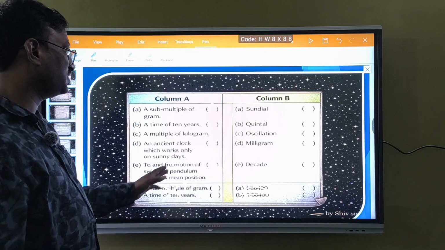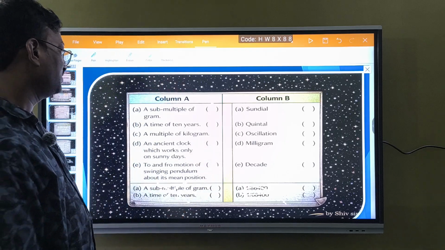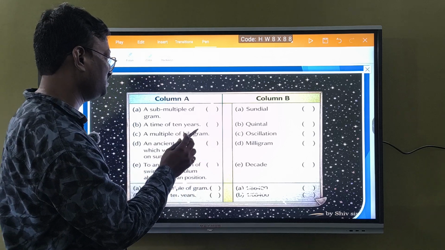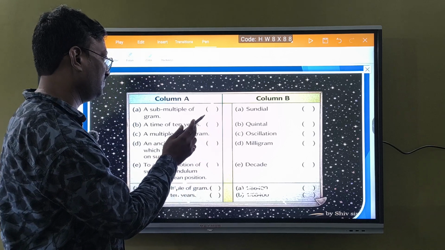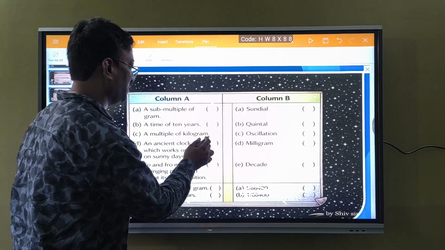Next, to and fro motion, we call it as oscillation, and this is C. Okay. Multiple of kilogram is quintal, B. Ancient clock is A, right.